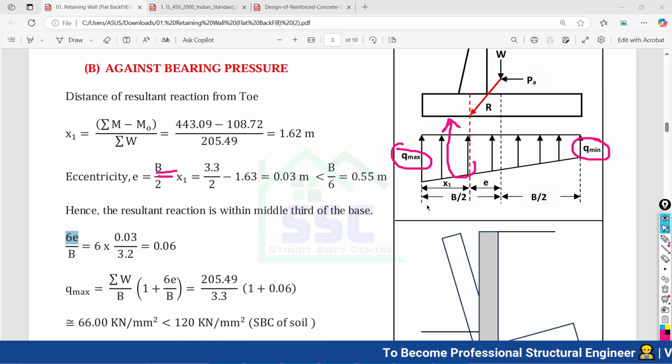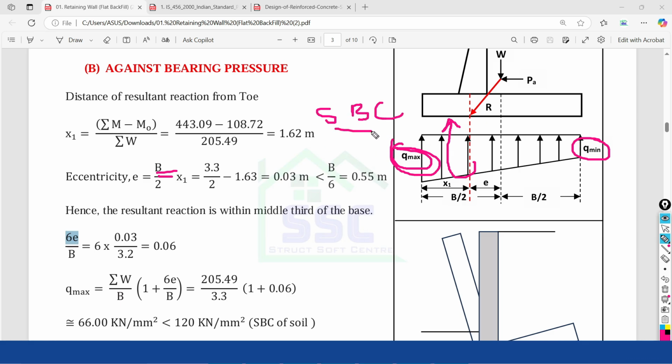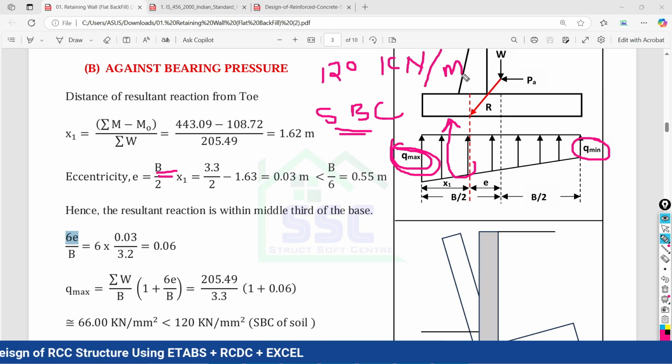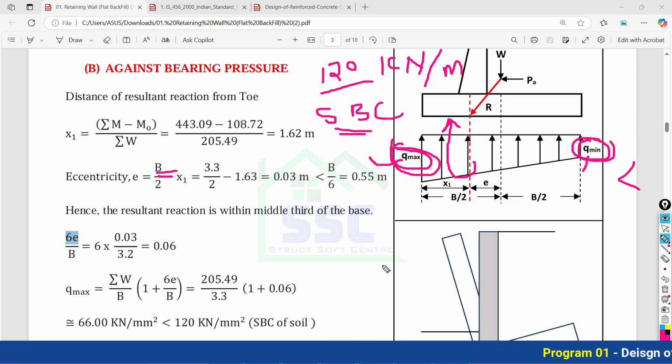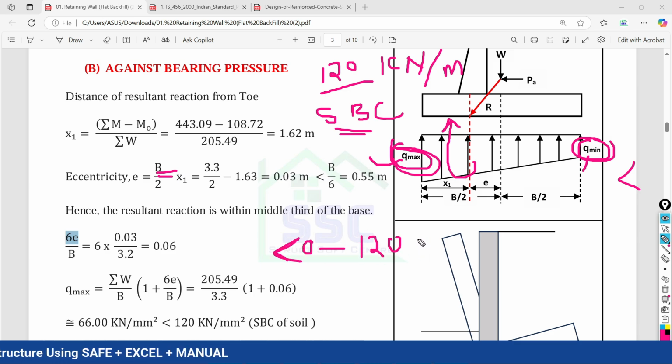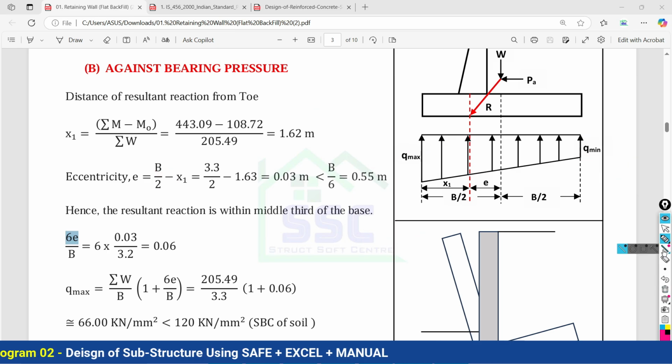The maximum pressure should not be more than the SBC of the soil, which we have been given as 120 kilonewton per meter square, and the minimum pressure should not be less than 0, meaning this value should not be negative. So your minimum and maximum values should be between 0 and 120. It should not be less than 0, and it should not be more than 120. So we are going to do this calculation.